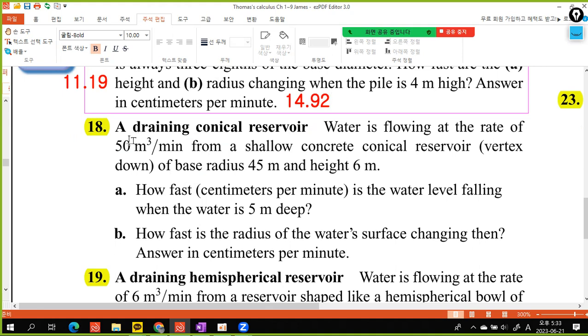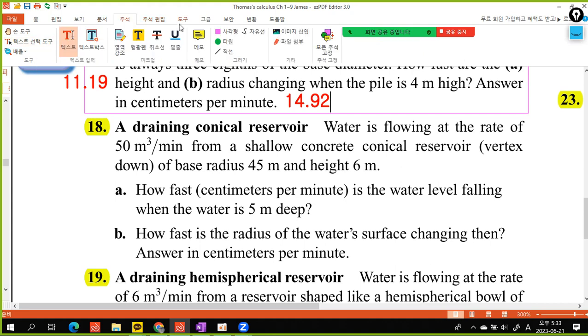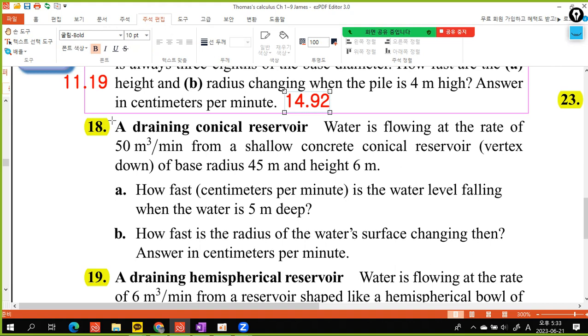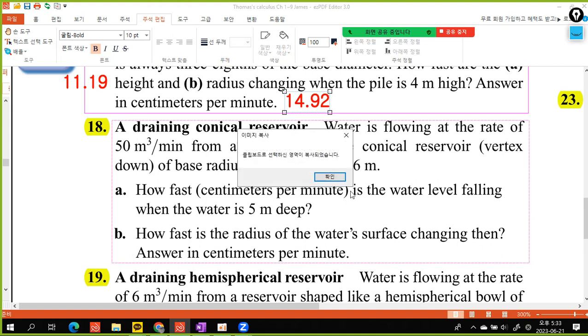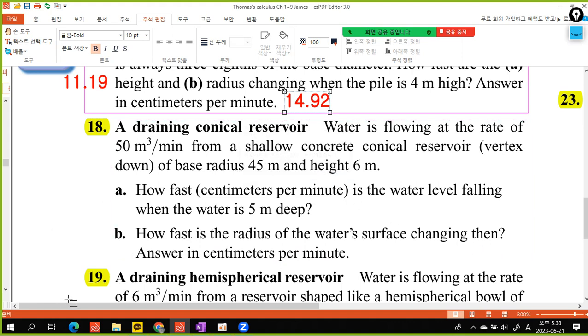Number 18. In this case, draining means it's decreasing. The volume is decreasing. Once again, the reservoir has a conical shape, vertex down.